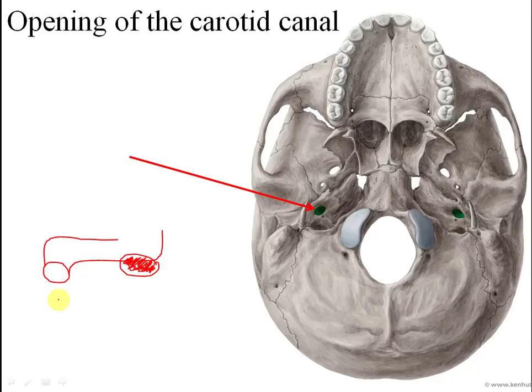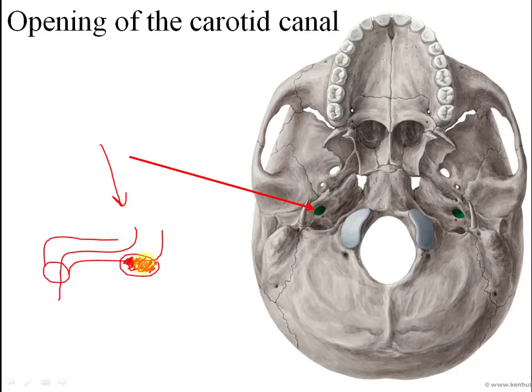So here the internal carotid artery passes from this opening on the inferior aspect of the skull, then inside this canal, then it appears here in the middle cranial fossa, inner aspect of the skull, and it appears like it's emerging from foramen lacerum.